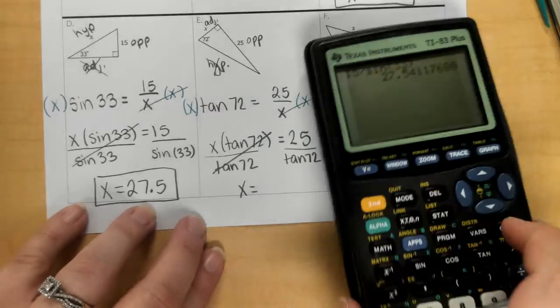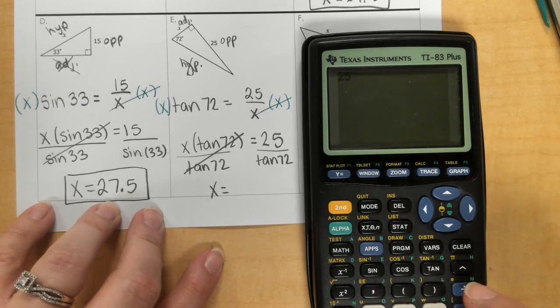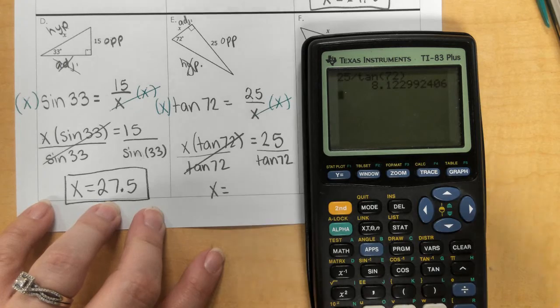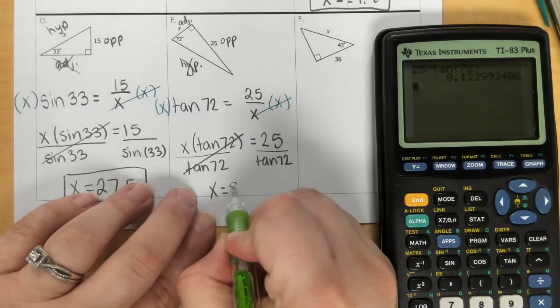So we divide both sides by tan 72. We're going to get 25 divided by tan 72. And we get 8.12, and so 2 keeps the 1 at 1.